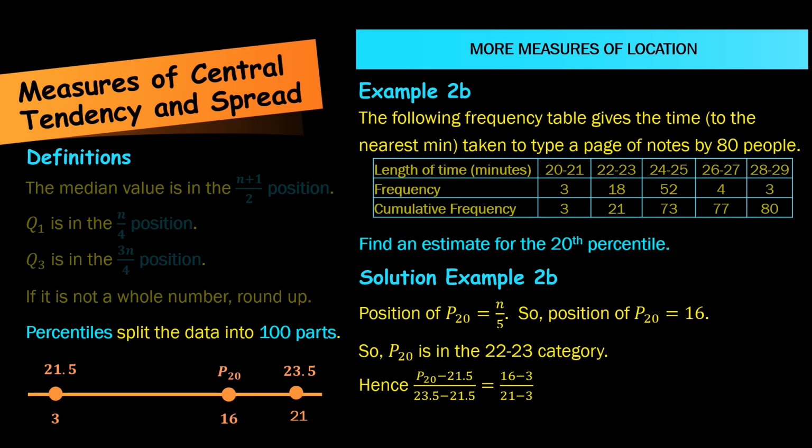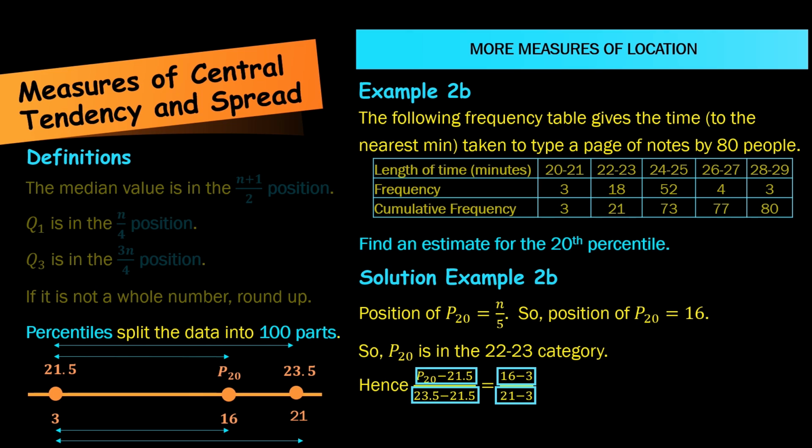Again, let's use a diagram and ratios to help us calculate the value of P20. So we have on the left-hand side of the equation P20 minus 21.5 over 23.5 minus 21.5 is equal to 16 minus 3 over 21 minus 3.